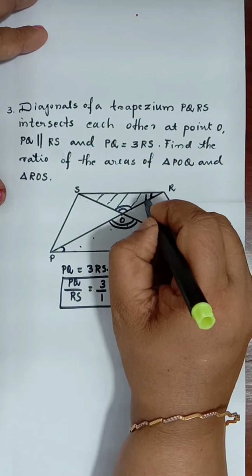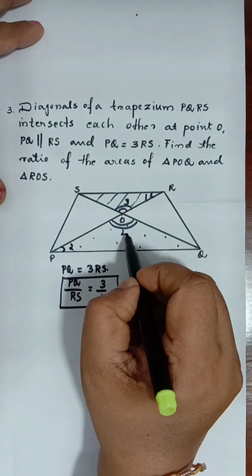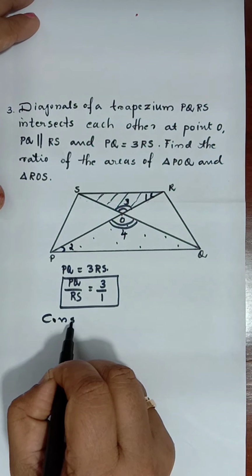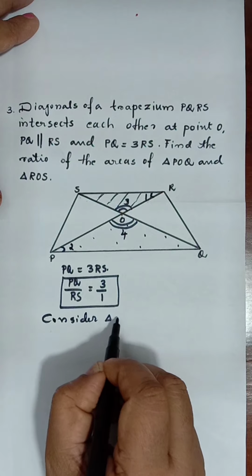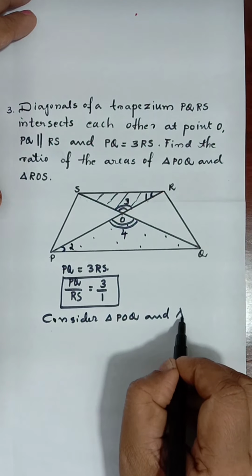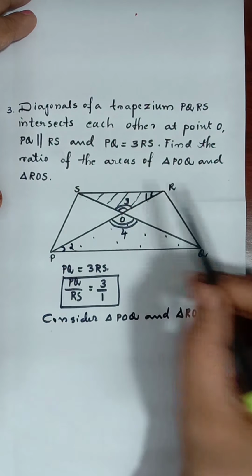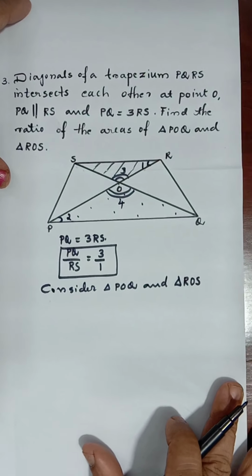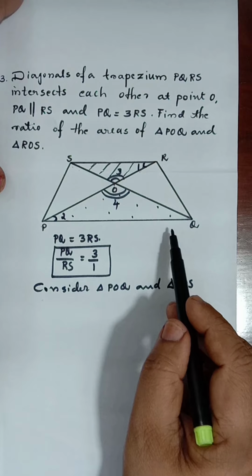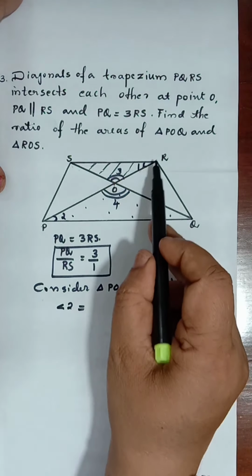Let me mark the angles as 1, 2, here it is 3, 4. So, consider triangle POQ and triangle ROS, as given in the question. In POQ, angle 2 is equal to angle 1 in ROS.